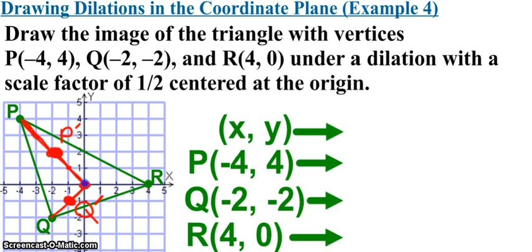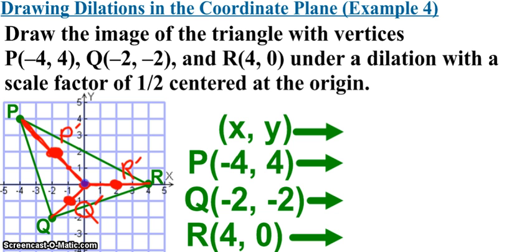From our R, you see that this is 1, 2, 3, 4 units from our center. So let's count out 2 units from the center. 1, 2. And where I put that next red dot, that is going to be R prime.